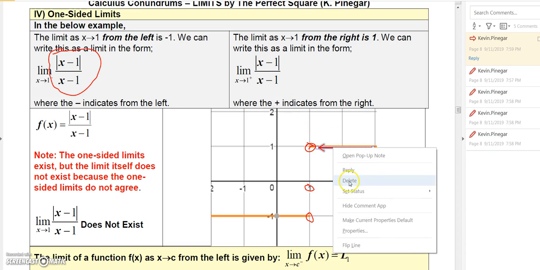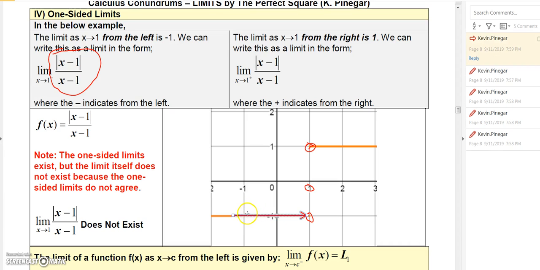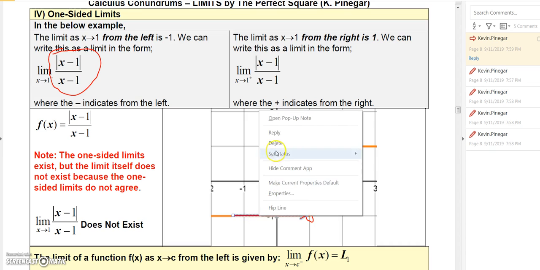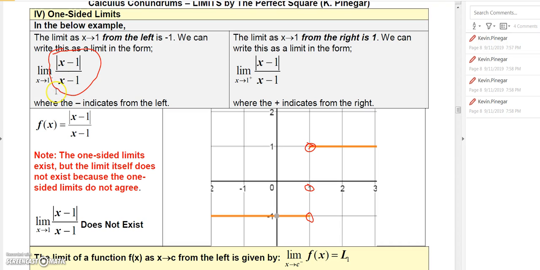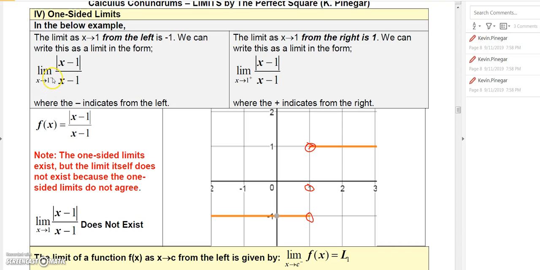Now let me get rid of this, and say I wanted to approach it from the left. If I approach 1 from the left, you'll notice the y value never changes, and so the y value would always be negative 1. Right here you can see a little negative.